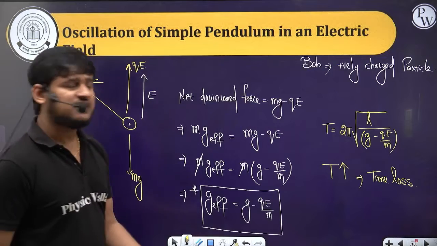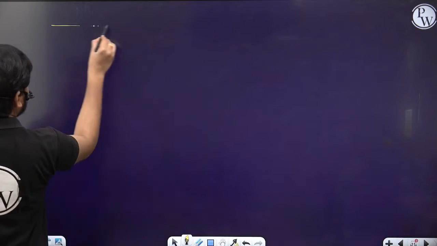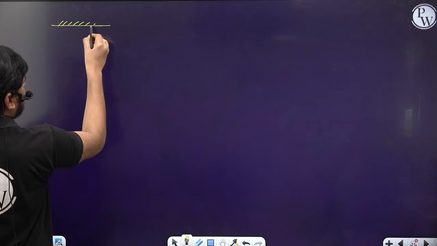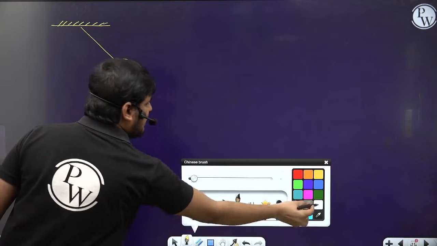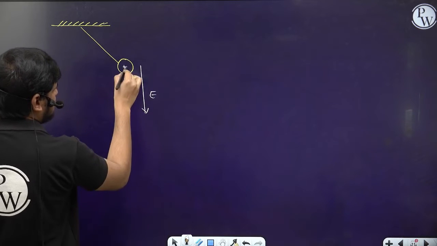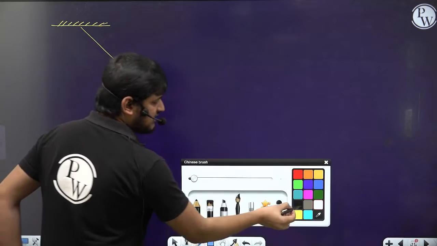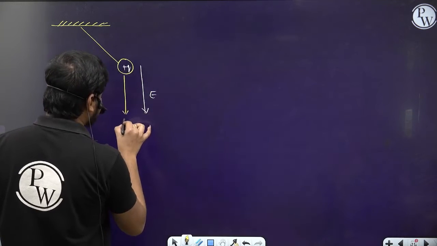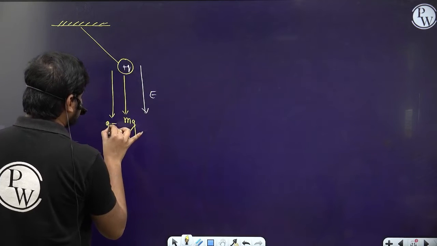What if the electric field is placed down? This is the fixed end of the pendulum. If the electric field E is downwards, this is a positively charged bob with charge Q. The weight mg acts downward, and the electric force QE also acts downward.